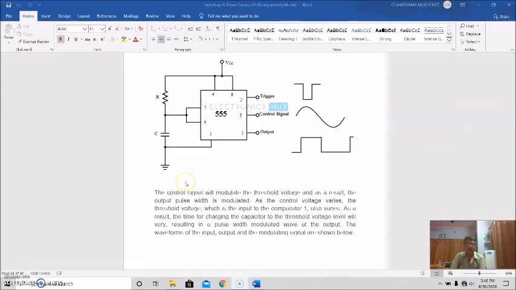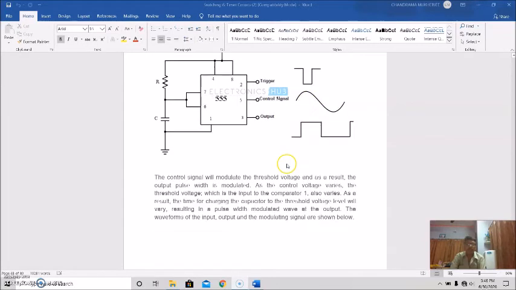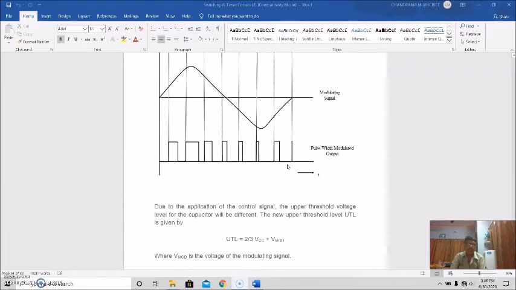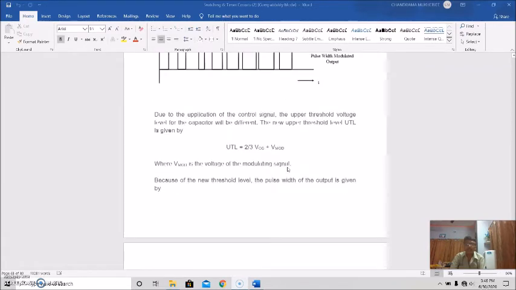The output pulse can be modulated due to the presence of the control signal, that is the modulated voltage. The upper threshold level will be changed, and the new upper threshold level will be like this, 2/3 VCC plus the control voltage.